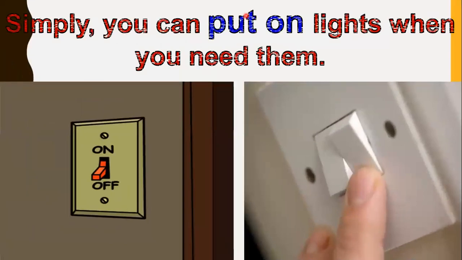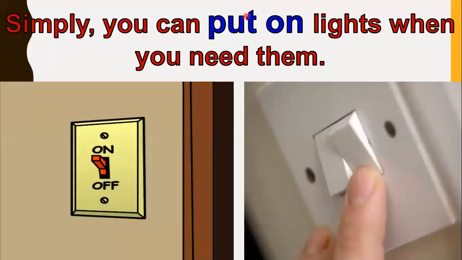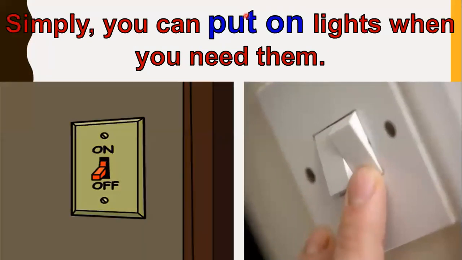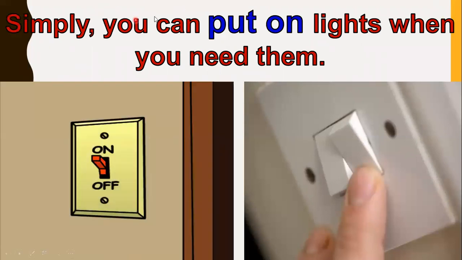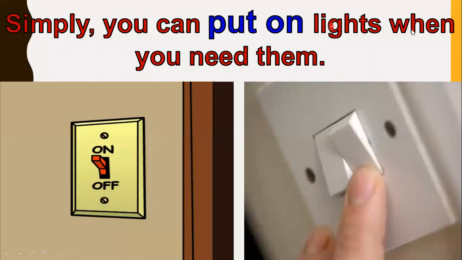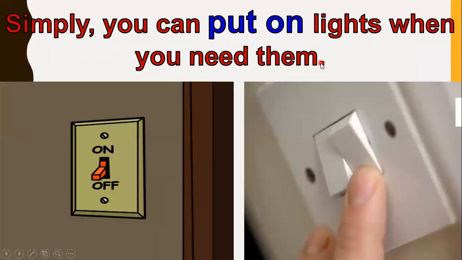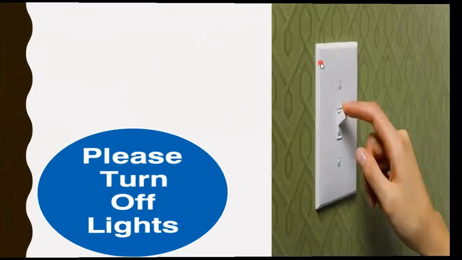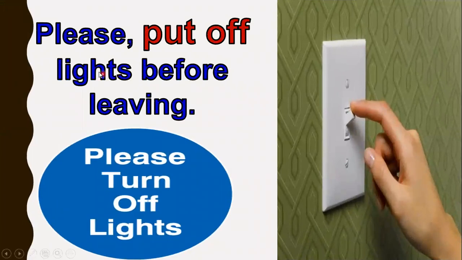The answer is just simple. You can save energy from your home, from your own room. Simply switch on lights when you need them and switch them off before leaving the house, your own room, or any place.